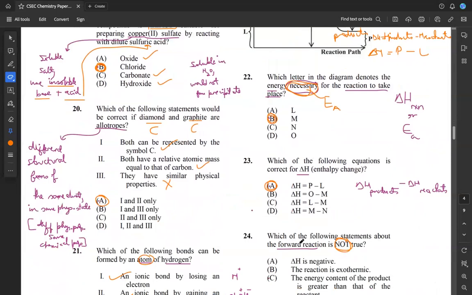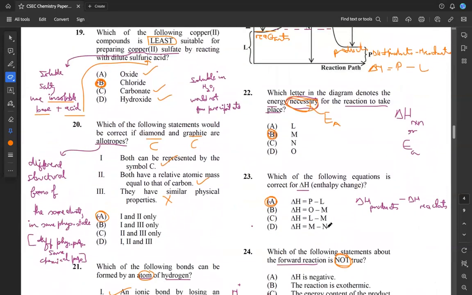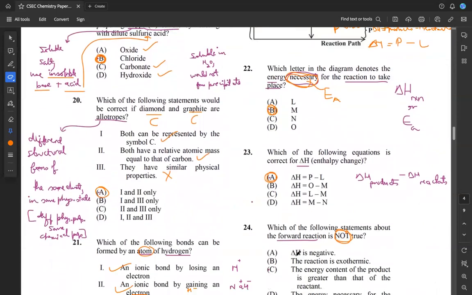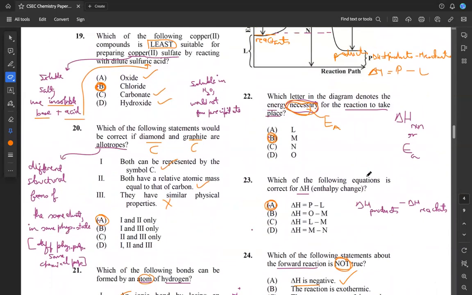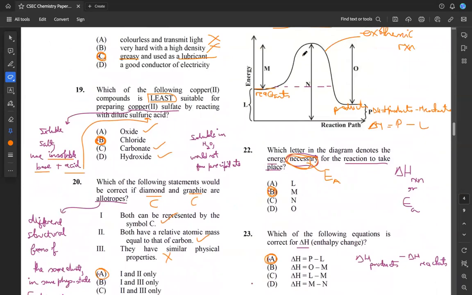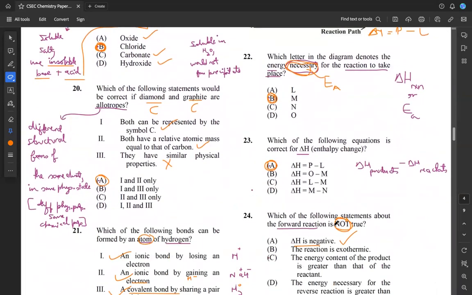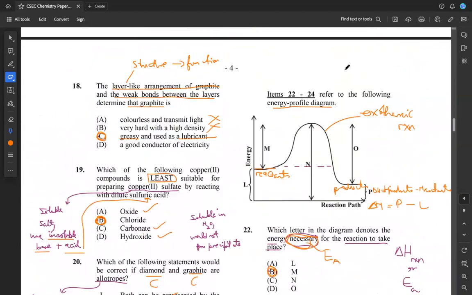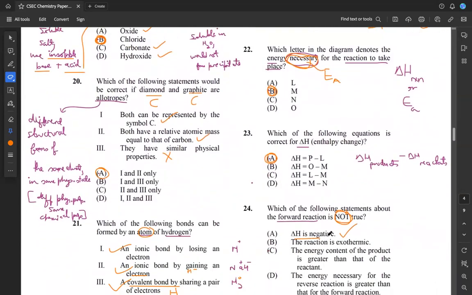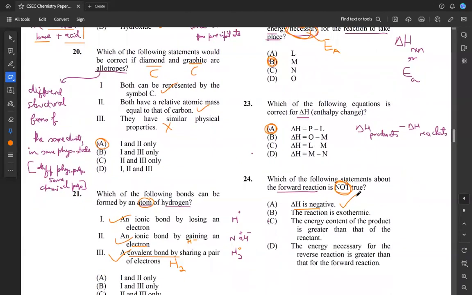So let's see what they're saying here, which is not true about the forward reaction. For the forward reaction, delta H is going to be negative. This is true because it's an exothermic reaction, as we just said, right? So delta H is negative for an exothermic reaction. This is an exothermic reaction, so we know that this first statement is true. The reaction is exothermic. Yes, we just said that, so that's true.